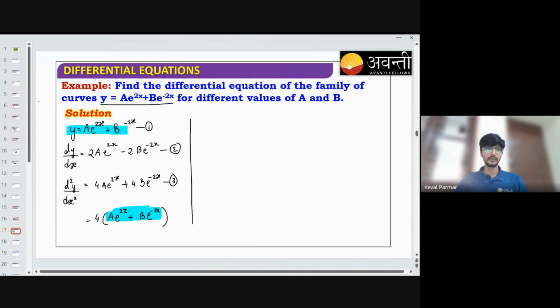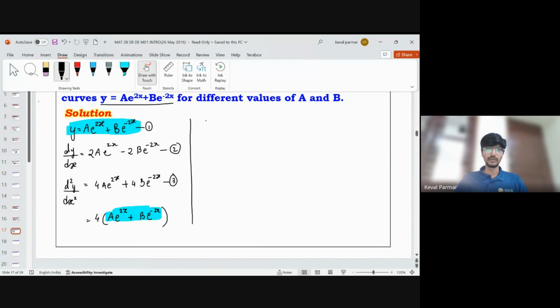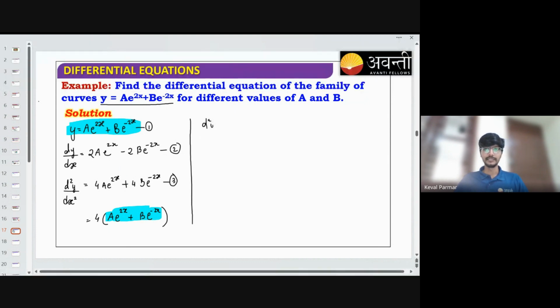It is y. So with the help of 1, I got on the left hand side d2y by dx square is equals to 4y. Now do you see any arbitrary constants here? No. This is my answer. Simple. Got it? Okay, next question.